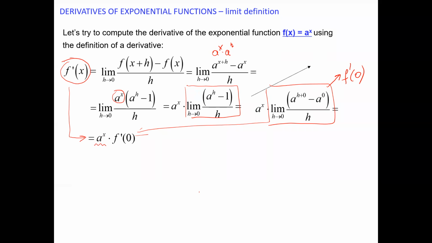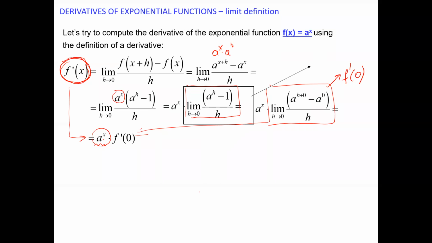The derivative, which is the rate of change of the function, the slope of the tangent, is proportional to the height, to the value of the function. It's a really nice property of the exponential function.